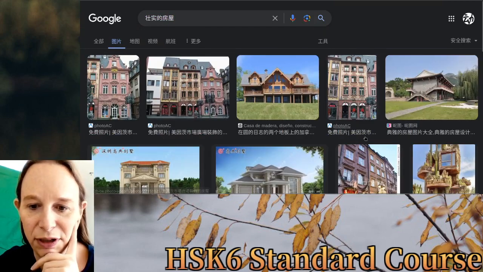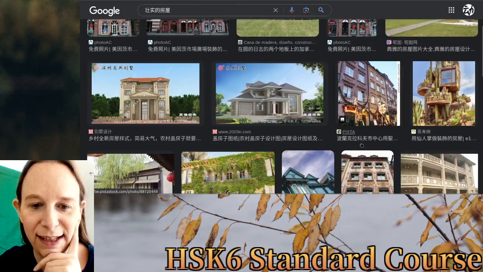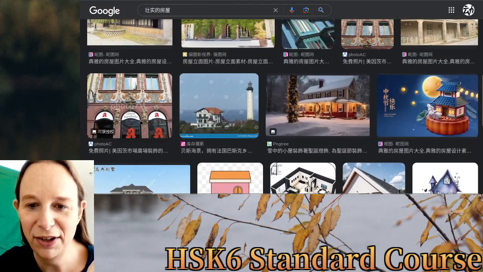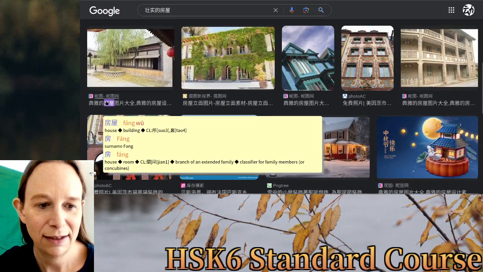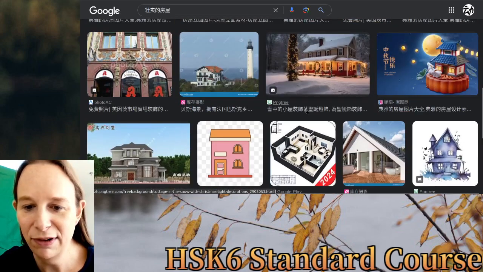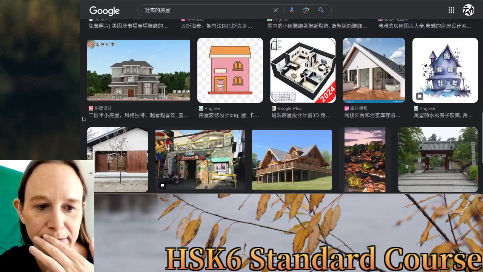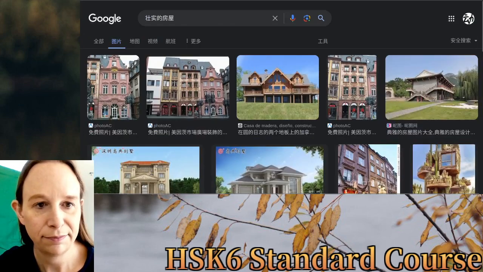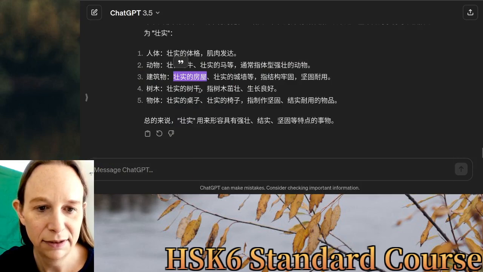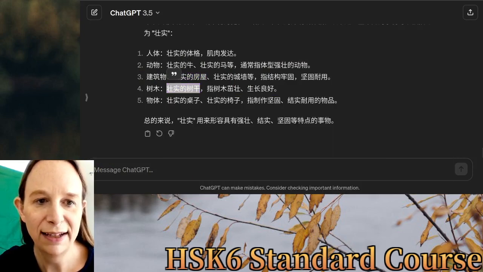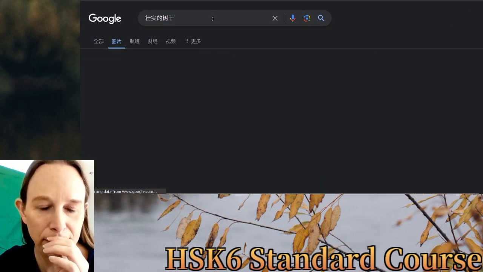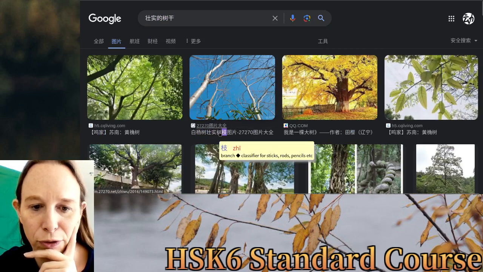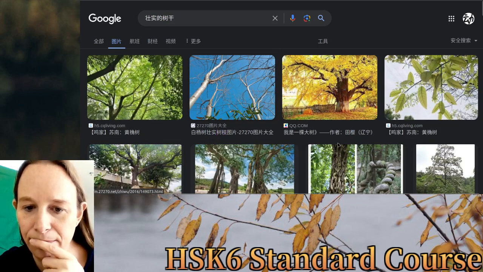壮实. Does that look sturdy to you? Doesn't look all that sturdy. Looks like an average level of sturdiness. Where's 壮实? I don't see it. Doesn't seem especially sturdy. 壮实的树干, a sturdy trunk of a tree. 树干. 壮实树枝, sturdy branches.